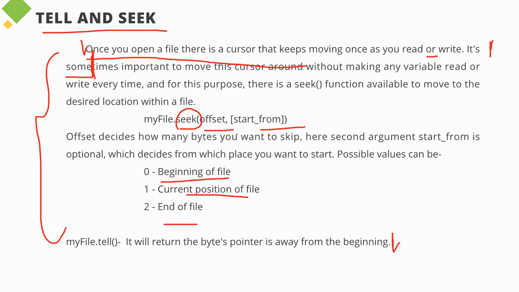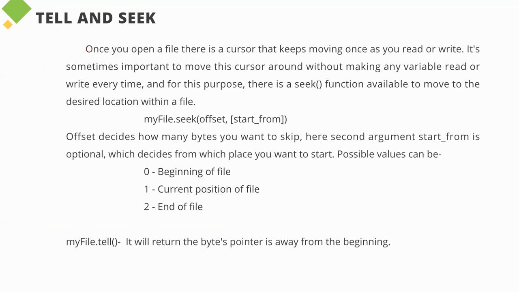Now what does myfile.tell return? It returns the byte position of the pointer from the beginning, I mean where the pointer is. Suppose my pointer is here, it counts and returns at what position my pointer is. This is how myfile.tell works.